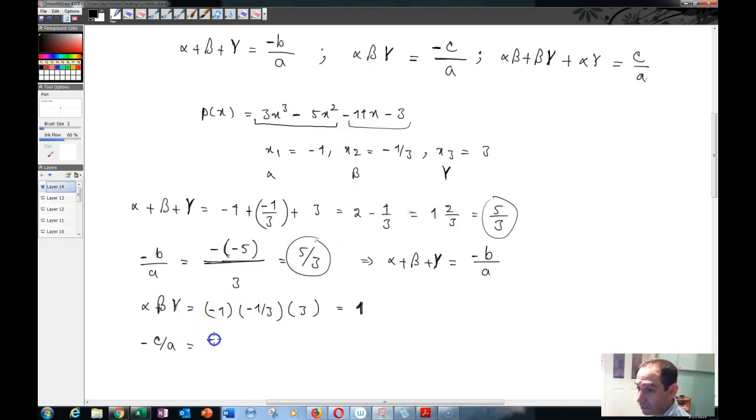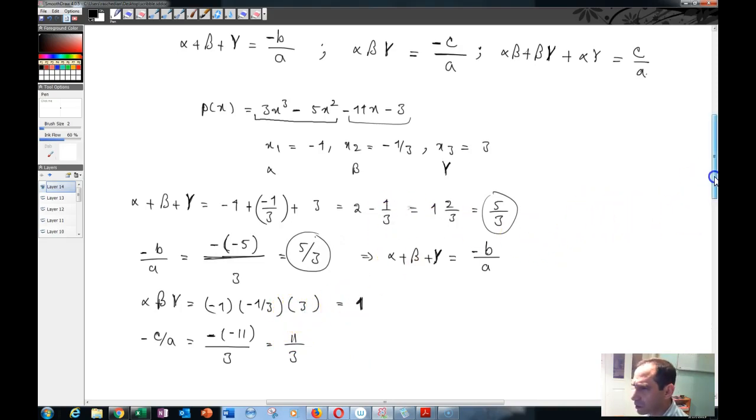That's negative c by a, which would be minus of negative 11 by 3, which is equal to 11/3. Okay, that doesn't work for whatever reason.